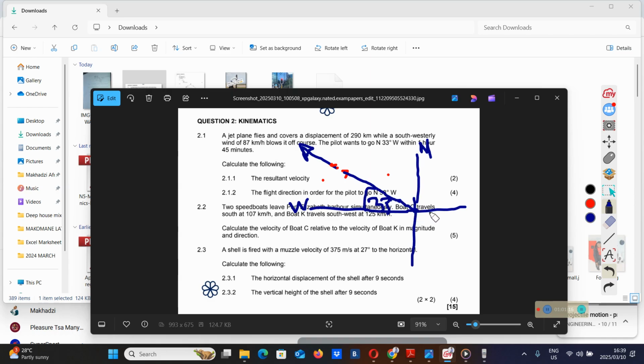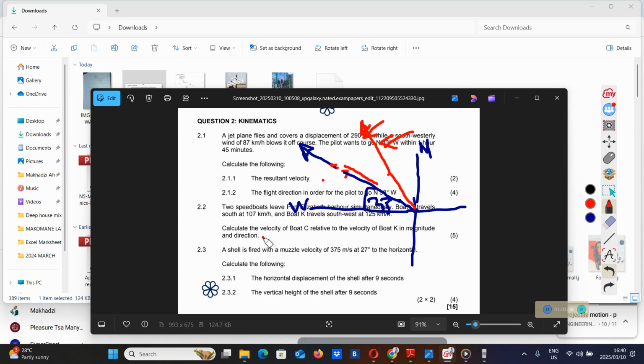It will depend. In case the wind blows from this direction, then the pilot must take this direction. Then this wind will change that movement to this movement.